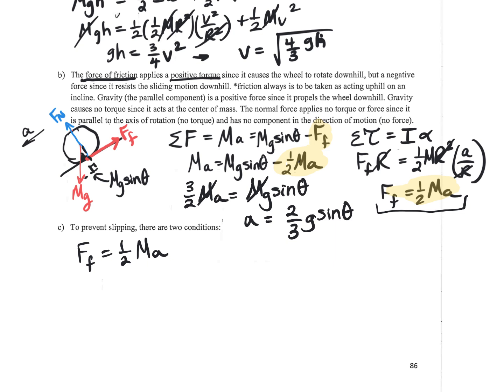Two conditions are this. The velocity has got to be equal to r omega, and mu has got to be equal to mg cosine theta. Look, the force of friction we know is mu times the normal force, isn't it? So mu, this is going to be mg cosine theta, isn't it?